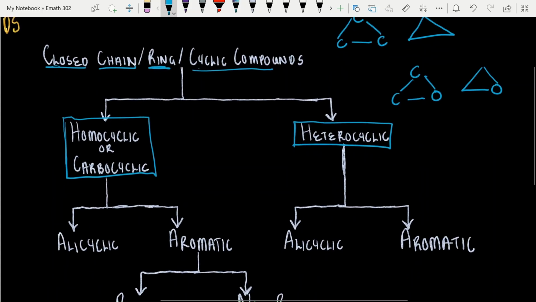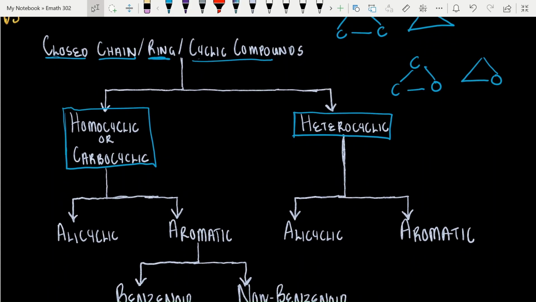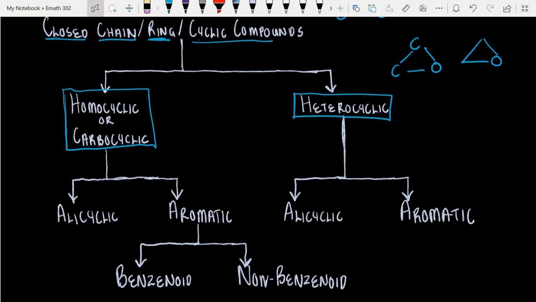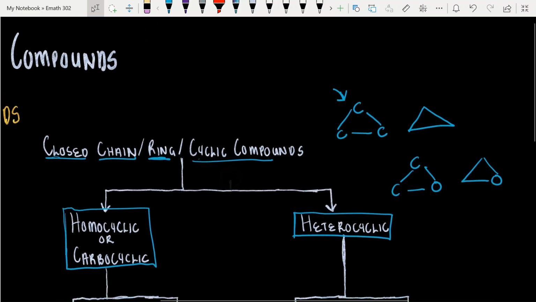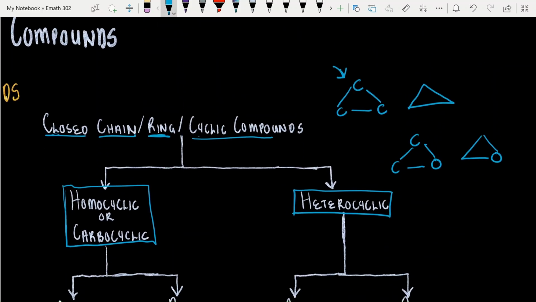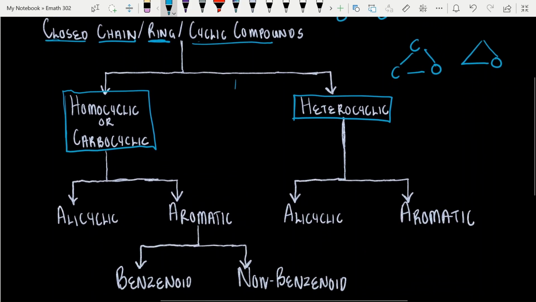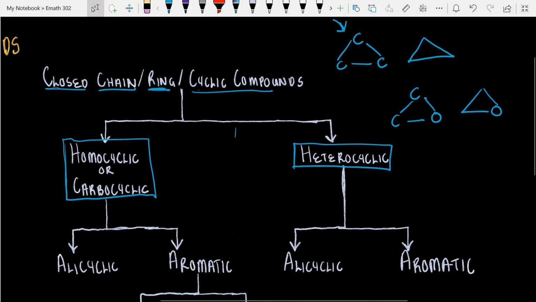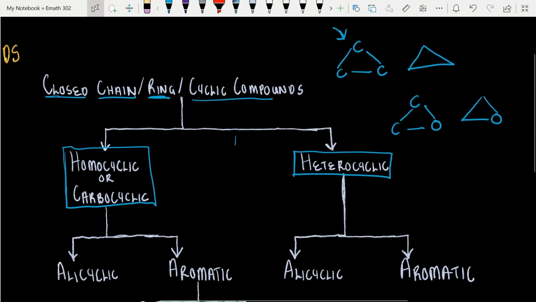Now, I want you to know that this separation always ends on this stage where we now break. We've seen that we have homocyclic and heterocyclic. Homocyclic is also called carbocyclic because you only have carbons in that cycle. These stages always end here, on alicyclic versus aromatic.